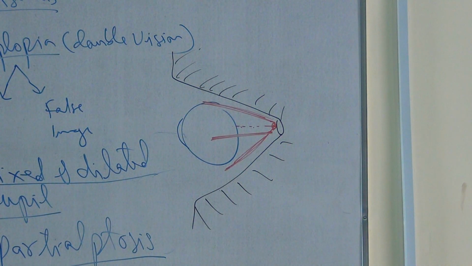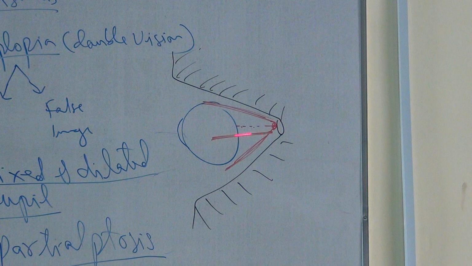So because of oculomotor nerve lesion, all these extraocular muscles except the lateral rectus and obliquus superior are paralyzed. All the extraocular muscles are paralyzed except the lateral rectus and obliquus superior muscle. Therefore, these muscles will be relaxed.